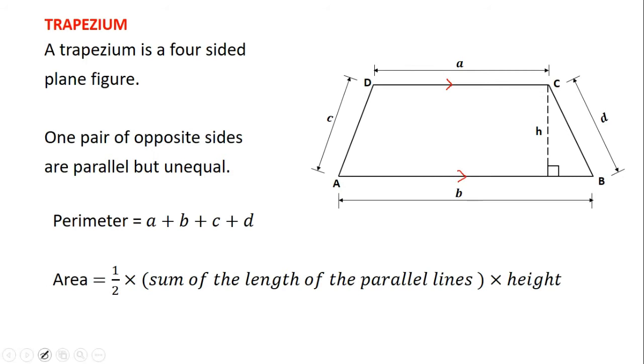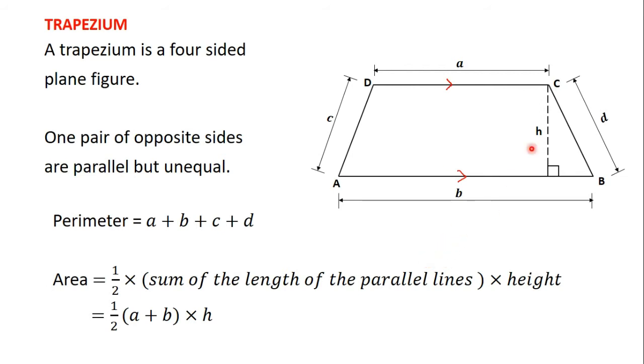The length of DC is A and the length of AB is B. So the area of this trapezium is half times the sum of the length of these two parallel lines, so A plus B, times the height of the trapezium.